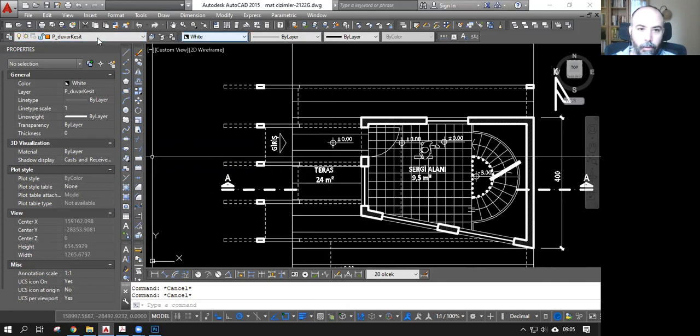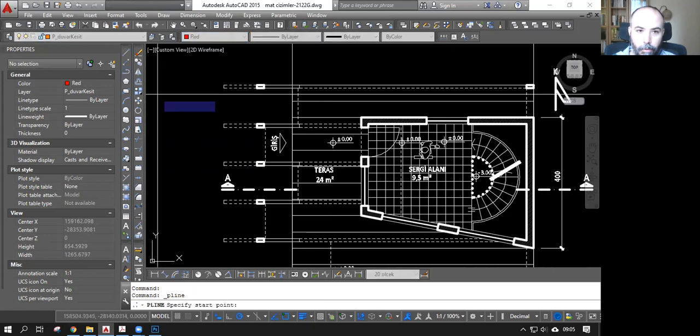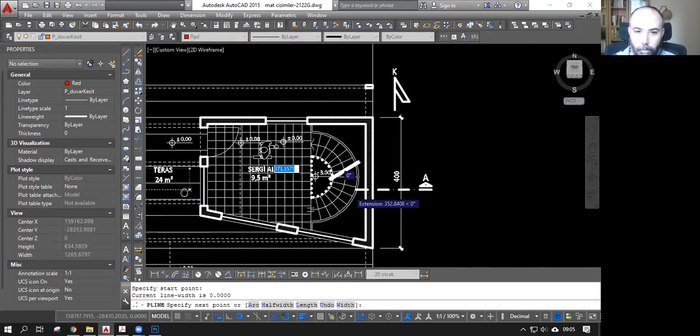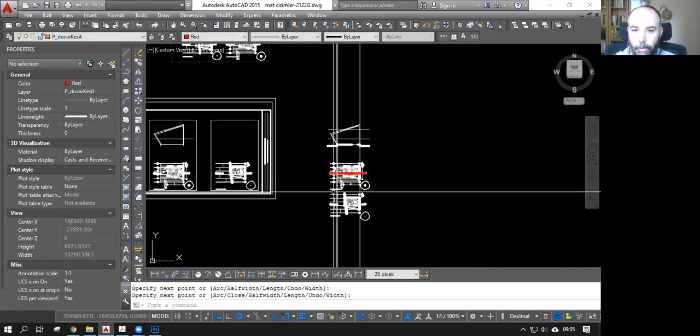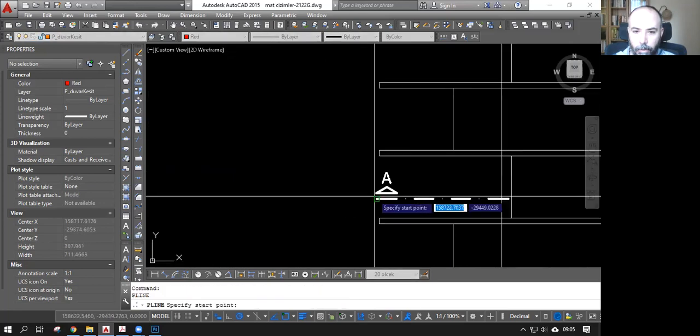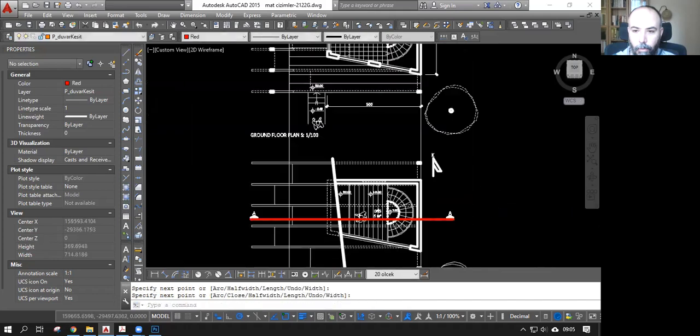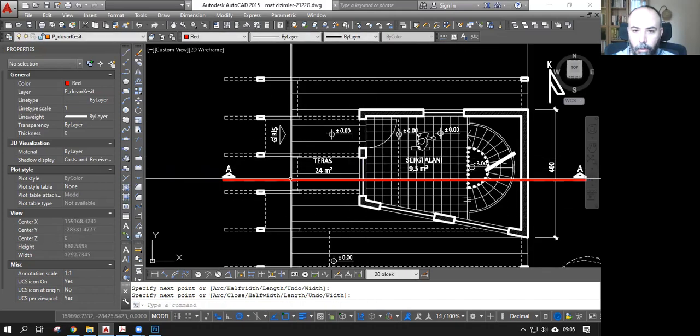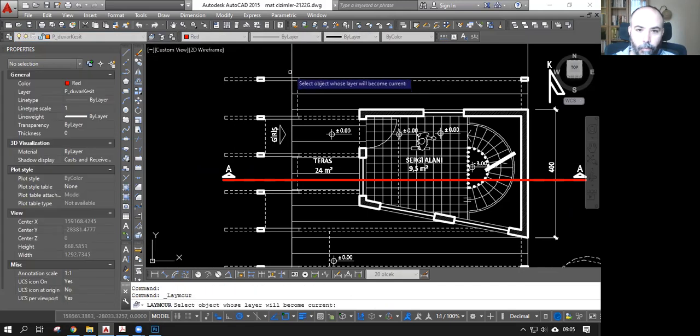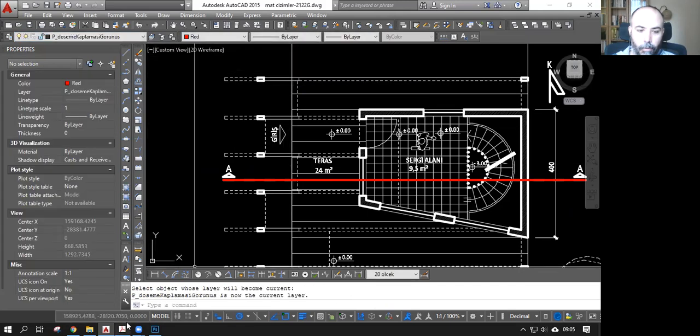Now let me show the whole section line in both plans, so we will be able to follow their intersection. Here now we have the section of the wall.